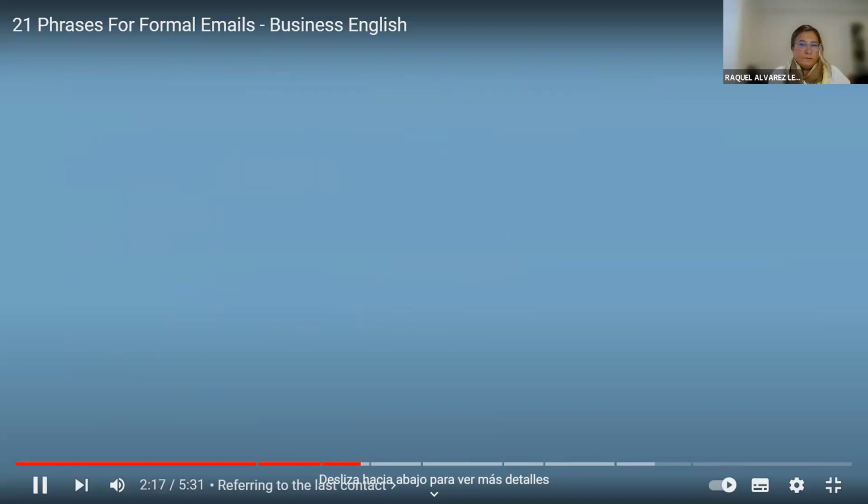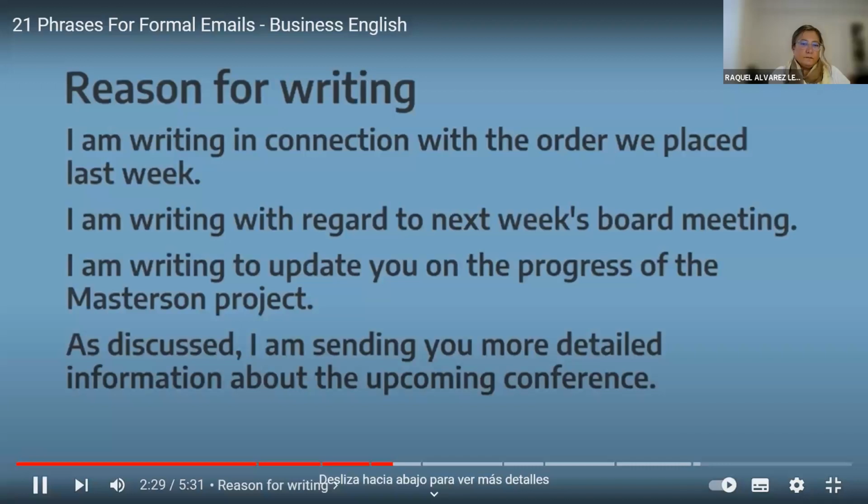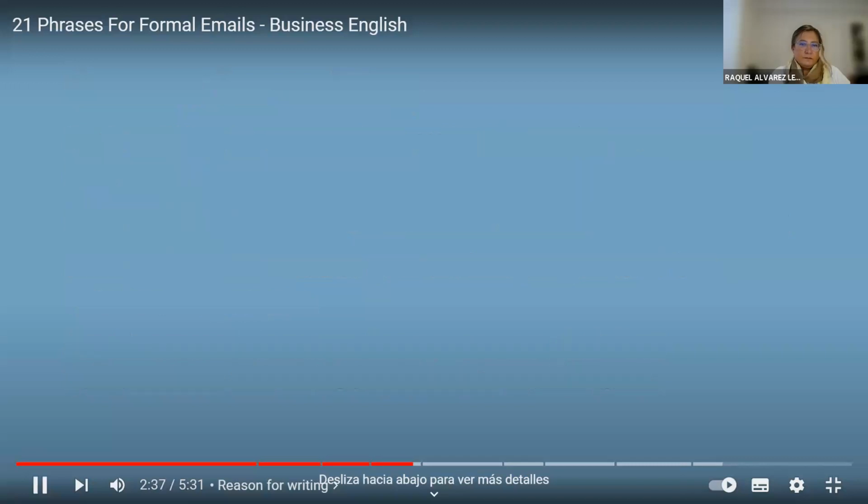Another important part of formal email writing is to state the reason for your email. And we have different possibilities. Phrases like, I am writing in connection with, I am writing with regard to, and so on. Another typical email function is to give information.